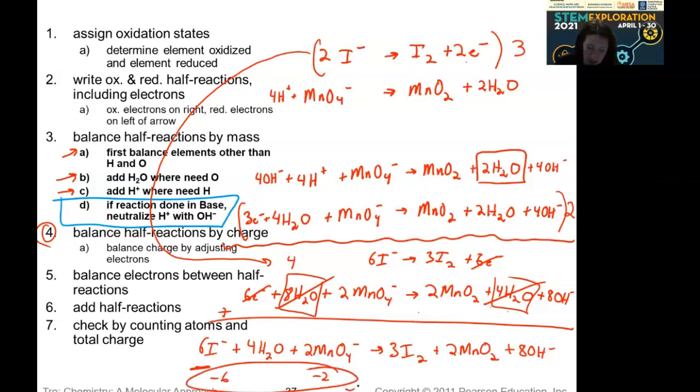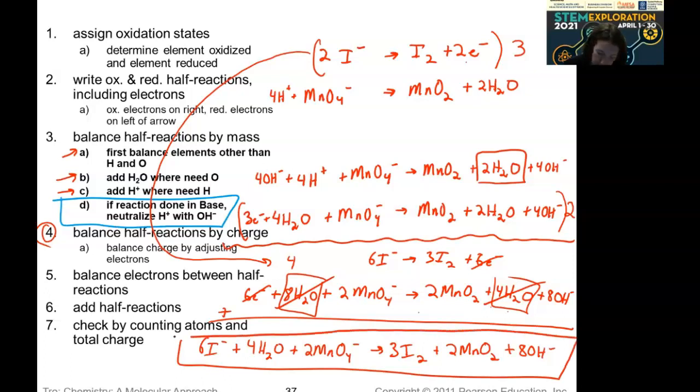So this whole side is a -8. This whole side is a -8. Our charges balance. So we should be good. Charges are kind of a dead giveaway if you've done it wrong. And you can see, so our balanced net ionic equation is this, right? It's so much fun, so much fun.